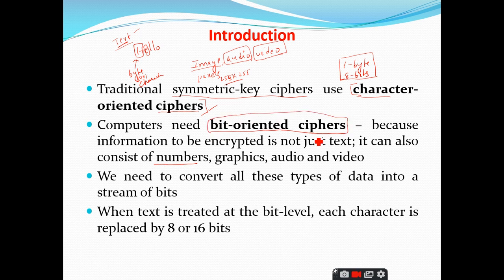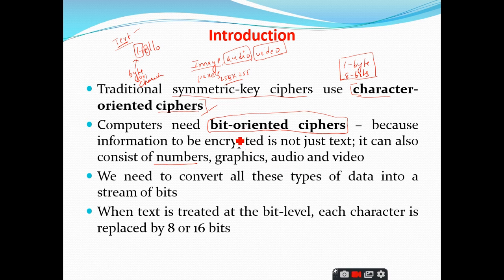Now is it clear what this character oriented cipher is and what this bit oriented cipher is? Yes, sir. Right. So any type of data you take in computers, whether it is textual data or number format data, graphics, images, audio, video, anything you take, that should be converted into bits.